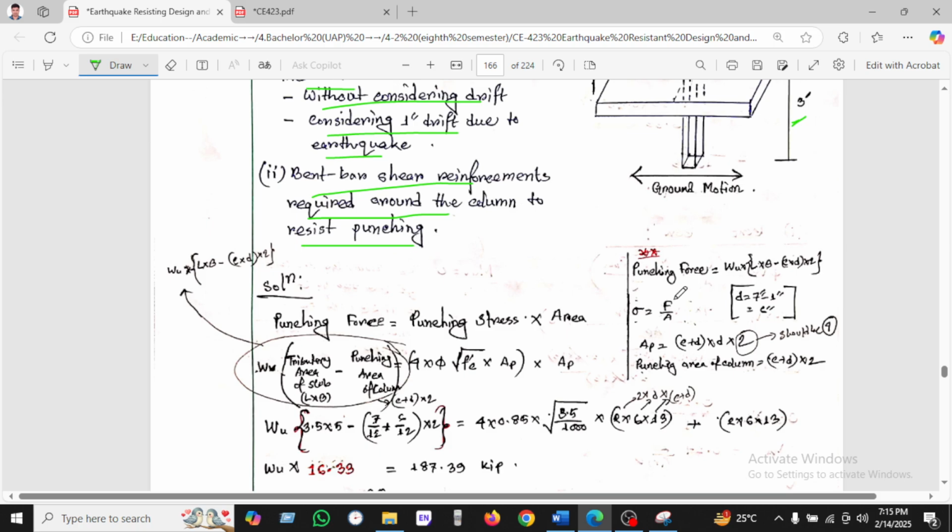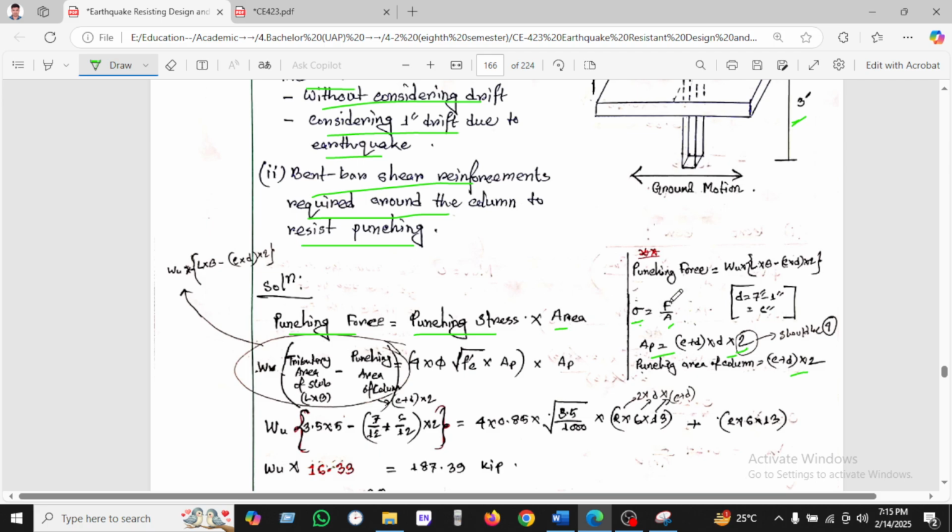Okay, let's see here. We can see the punching shear force W equal to X into P into D, and we can see the stress equal to force per area, F equal to C plus D into 2, which should be 4, by punching area, C plus D into 2. We know the punching force into punching stress into area.